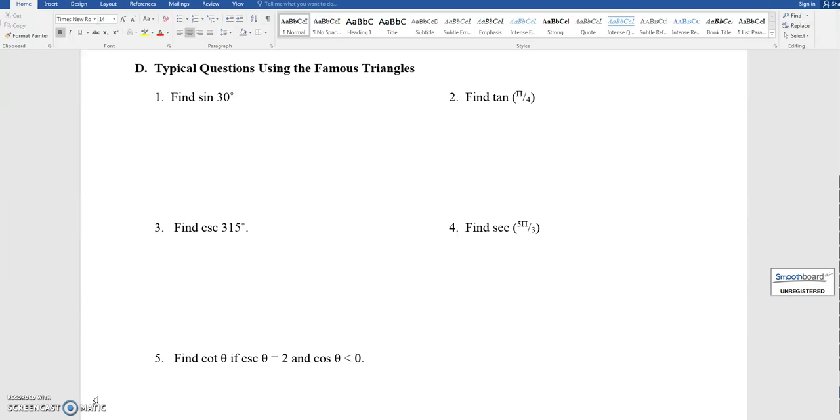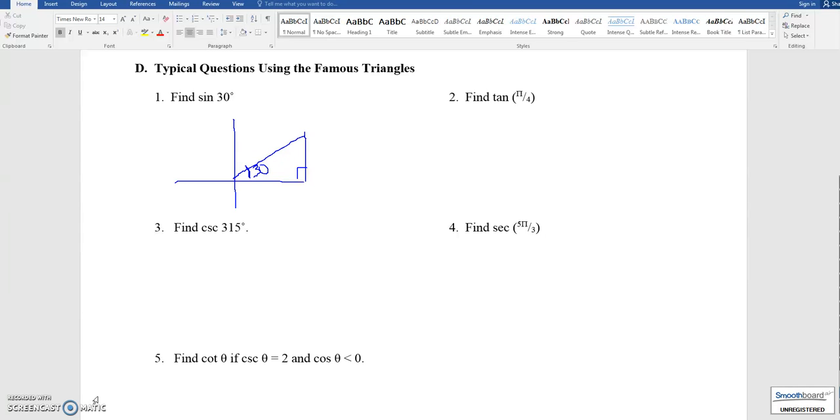The first one says find sine of 30 degrees. So for all of these we're going to try and draw a triangle somewhere on the coordinate plane. For 30 degrees we're going to be going off something like this. Okay, right here is my 30-degree angle. And so I want to remember the sides that we just learned about for a 30, 60, 90 triangle.